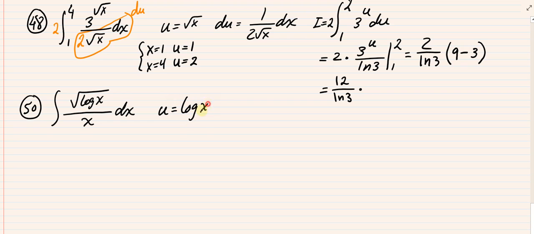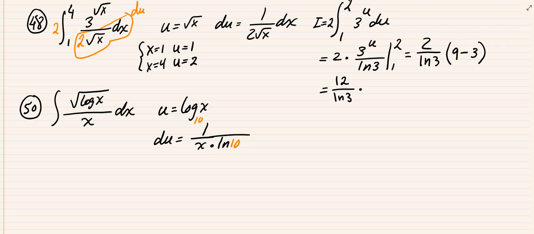This is the common log because the base is not written. The derivative of log x is going to be 1 over x times the natural log of the base, which is 10. Again, where does the 10 come from? That's the base of the log, and that's what this becomes, ln of the base.